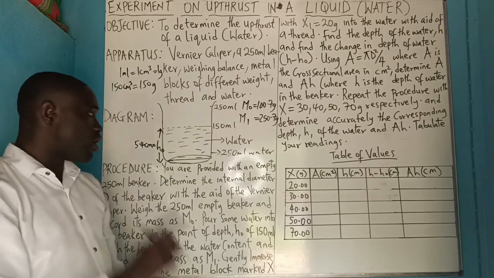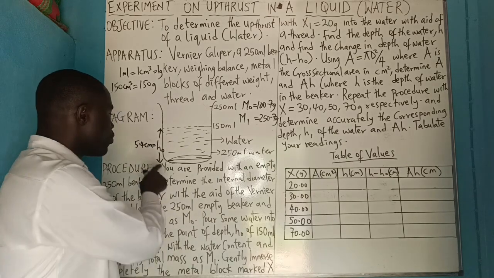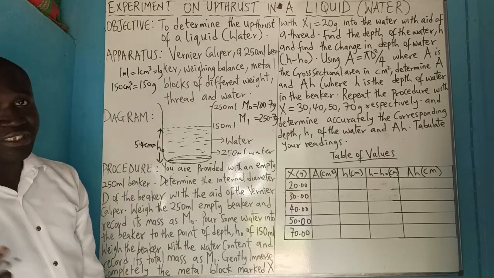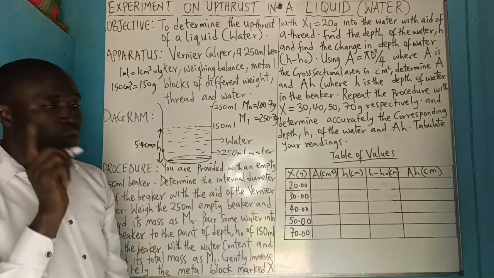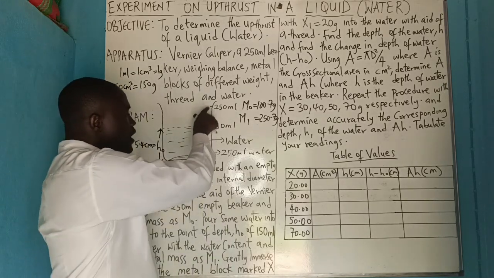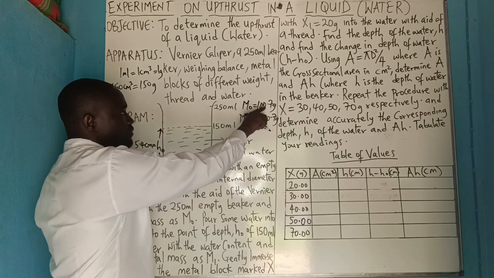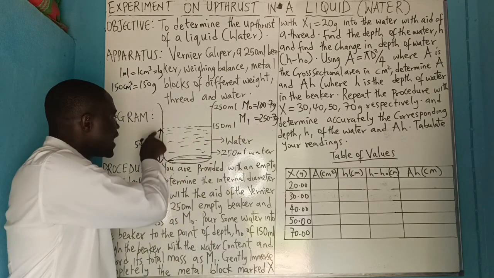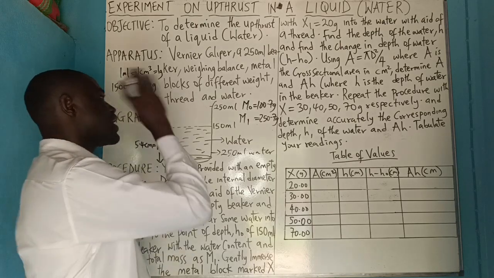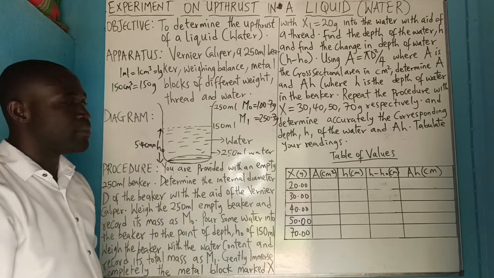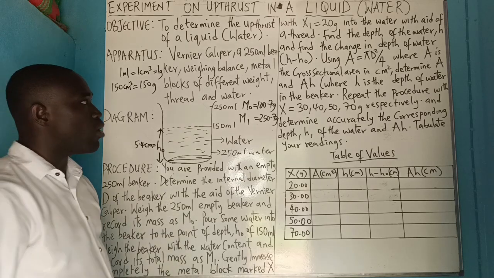The height of the 150 ml of water was 5.4 cm. So two things you are to do: weigh the beaker to note the value, then get the height of the water to note the value. Then you can go direct and do your manipulation without wasting your time.